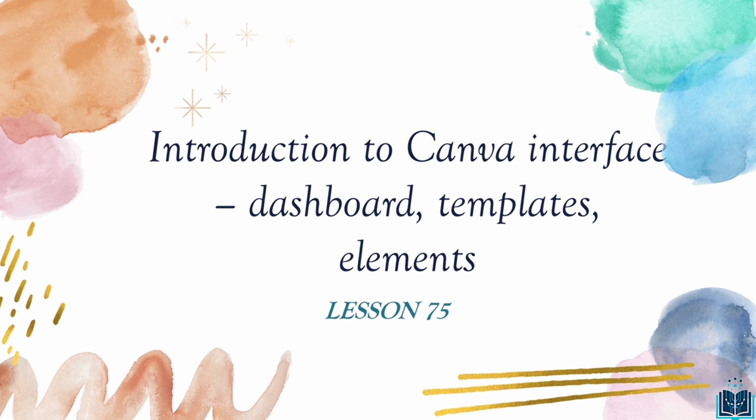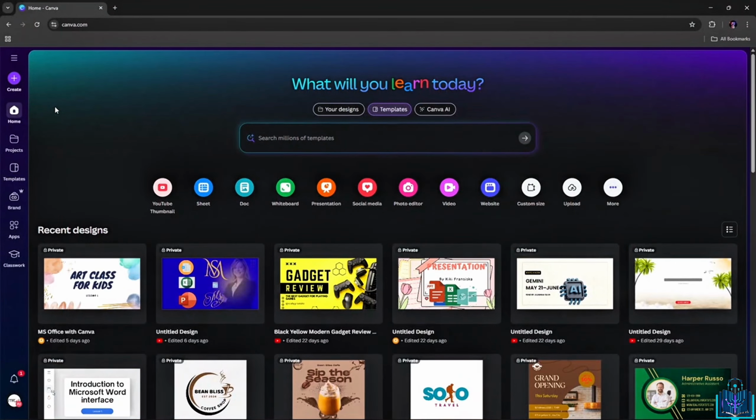Okay, so when you first log into Canva, the first thing you will see is the dashboard. Think of this as your home base. Here you can quickly access all your designs, and also the folders, brand kits, and recent projects. On the left-hand side you will find the main menu.